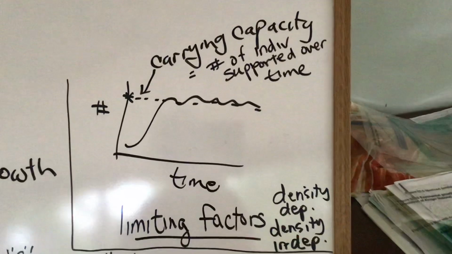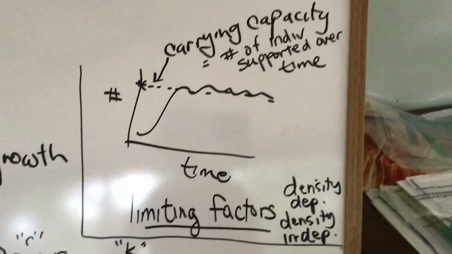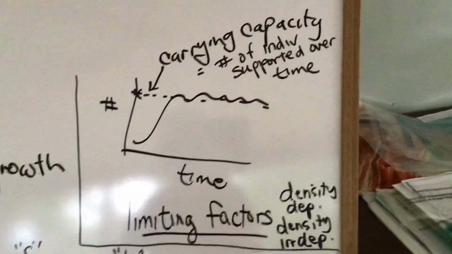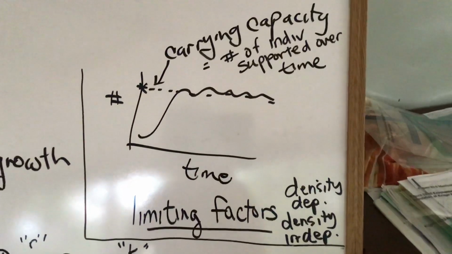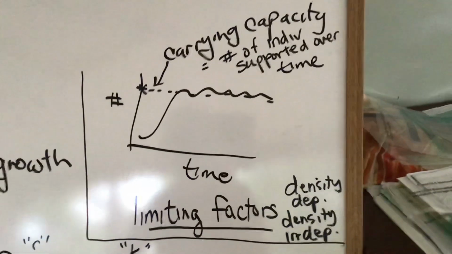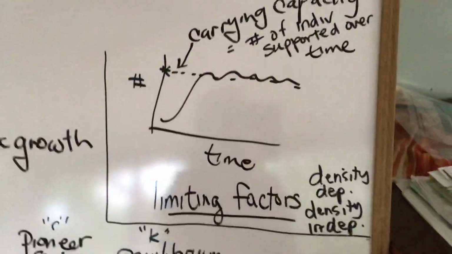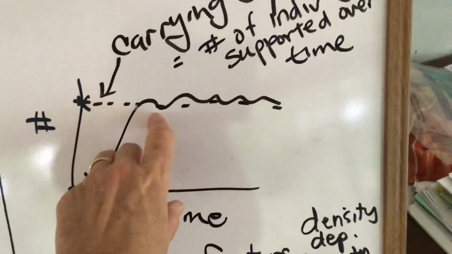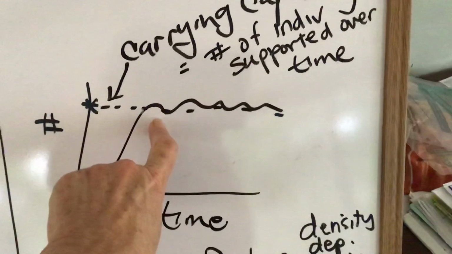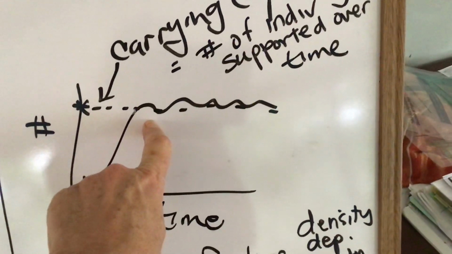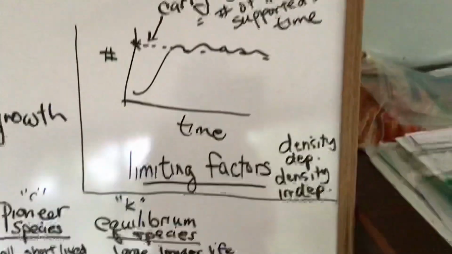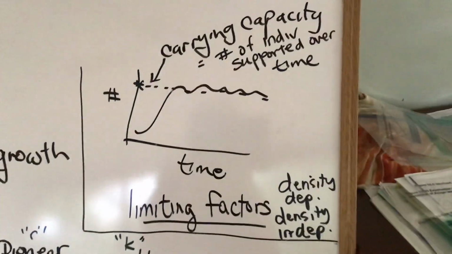If the squirrels rose to a high enough population and the parasites became so prevalent because they're passing it from one to the other, that would make the population decline. Then when they decline to a small enough number, they can go back up, and they would fluctuate around that carrying capacity for that density dependent disease, so to speak.